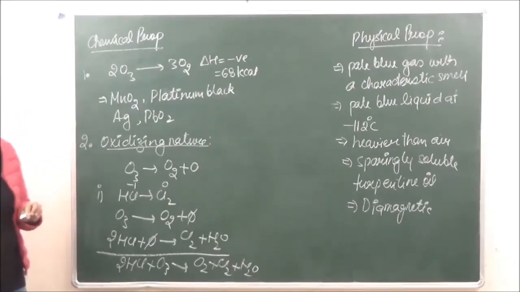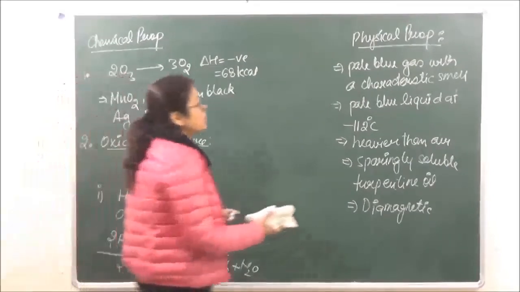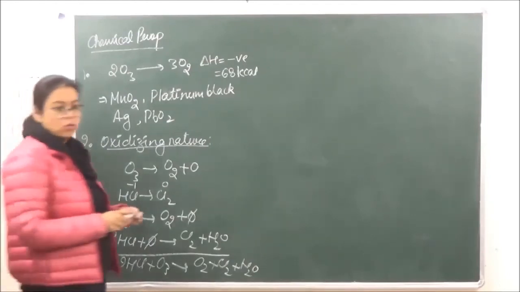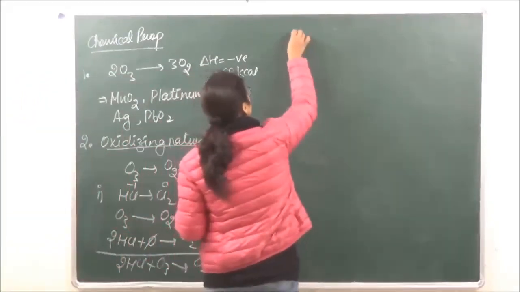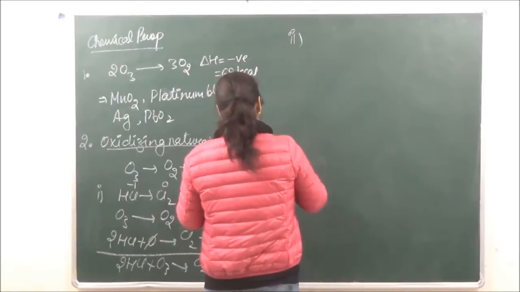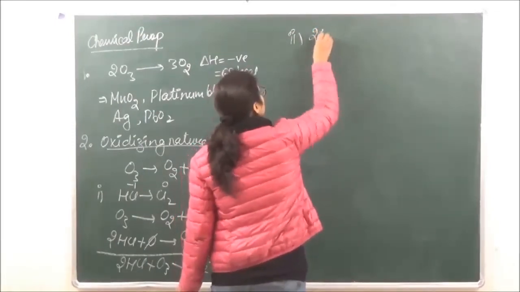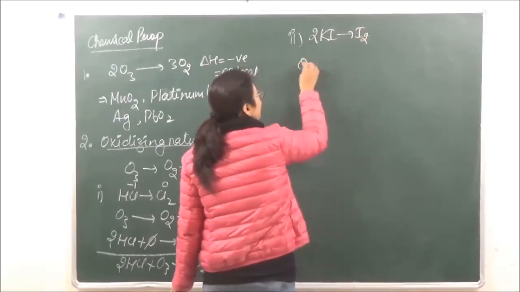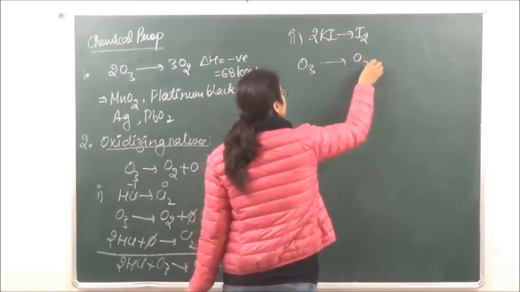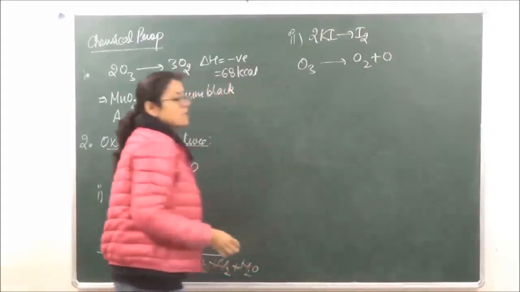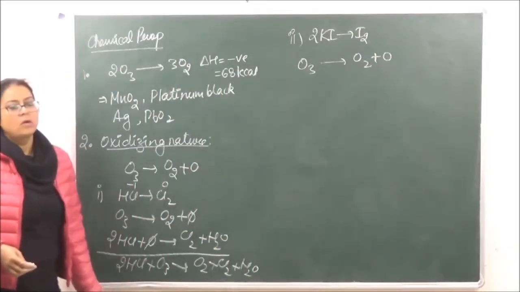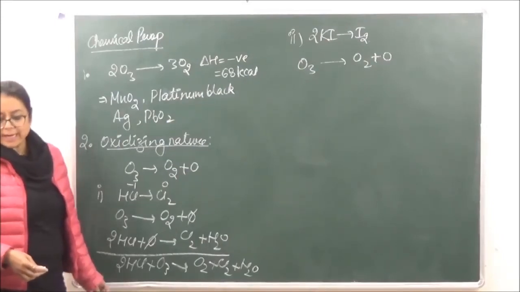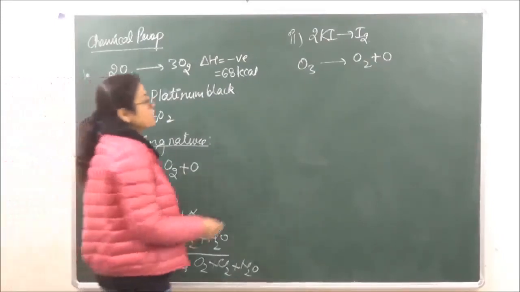In a similar manner, we convert potassium iodide to iodine. 2KI: again the ozone reaction takes place, giving oxygen plus nascent oxygen, O2 plus O. Then the potassium iodide reacts in the presence of water.